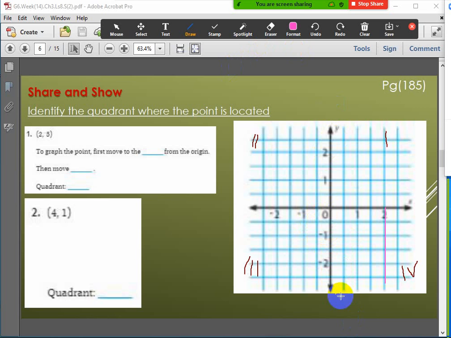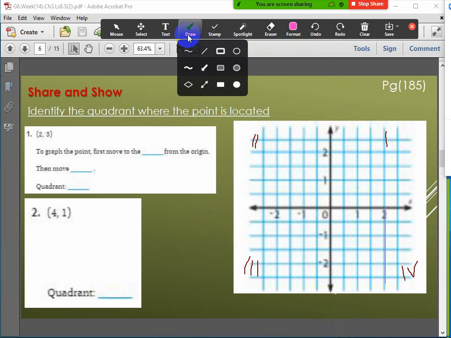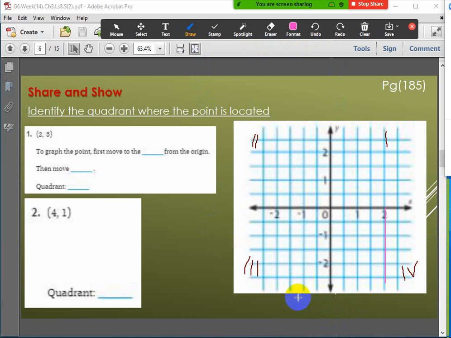Look, the number line is already divided until -2, so I will extend the number line like this.